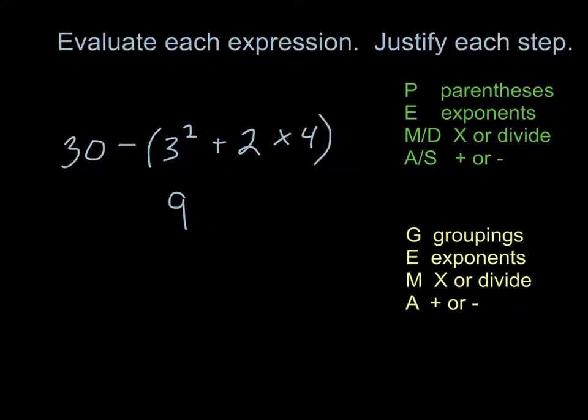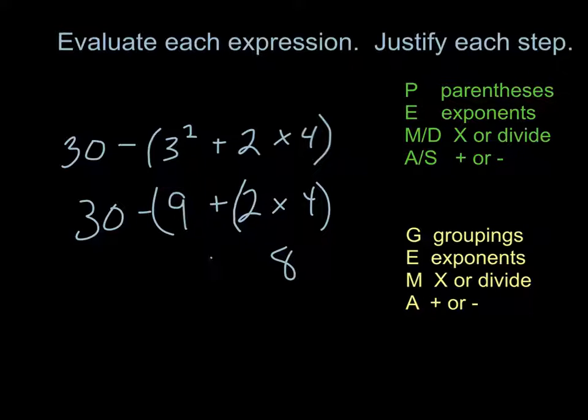Now, the next step is I have to write out the rest of what's left in the problem. So make sure you do this in your assignment today so I can see your steps. Okay, so now I've done the exponents. Now I'm going to multiply or divide. And remember, I go from left to right. So I see here's a multiplication problem. Sometimes I'll even put a bracket around that so I can see.